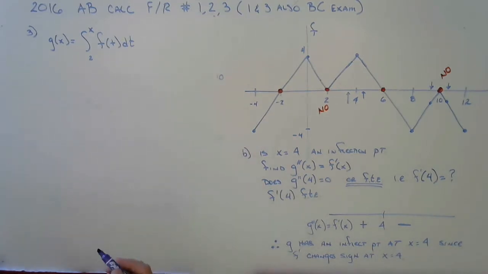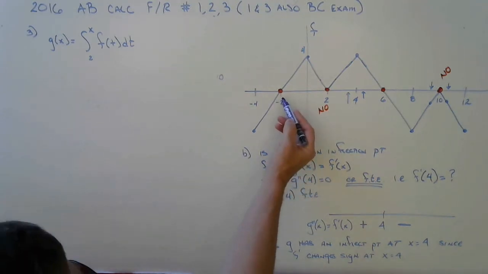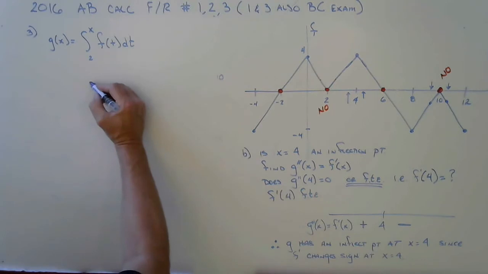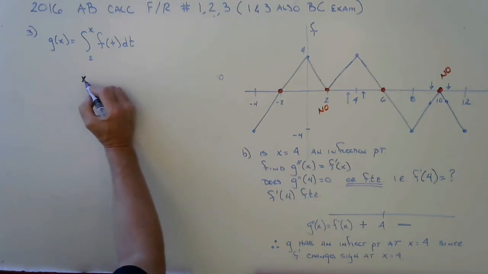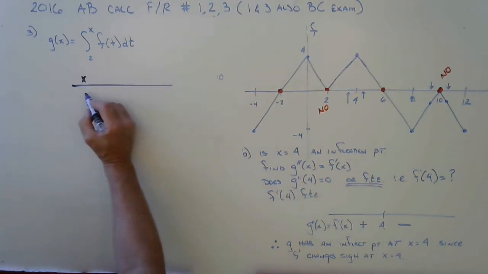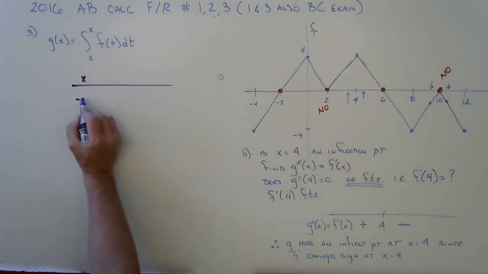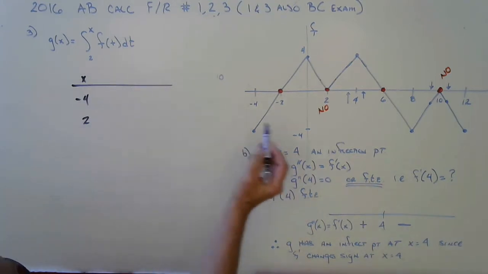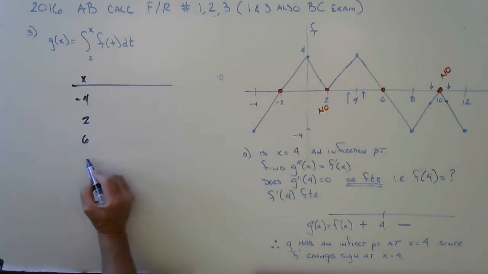We only have this value and this value as our critical numbers. So we know our possible values, x, are going to be the endpoints. So we have -4, we have 2, we have 6, and we have 12.